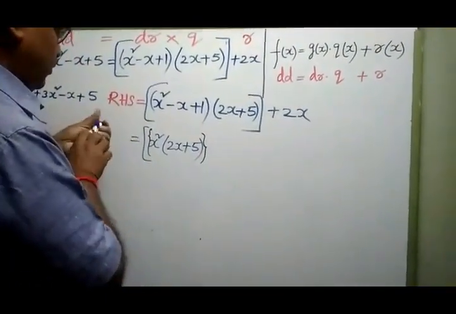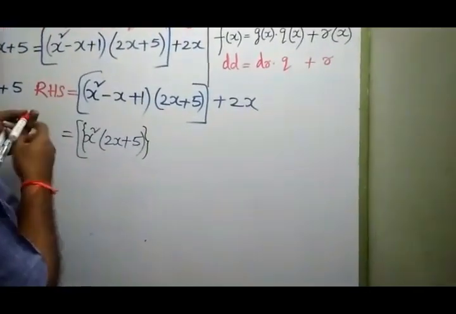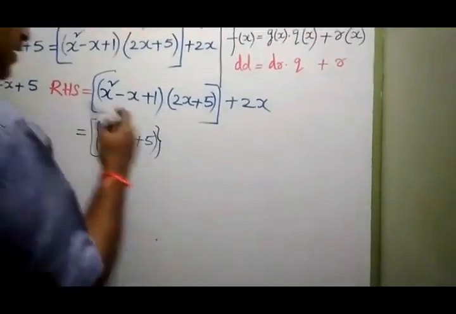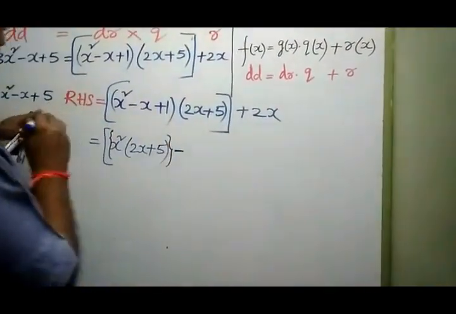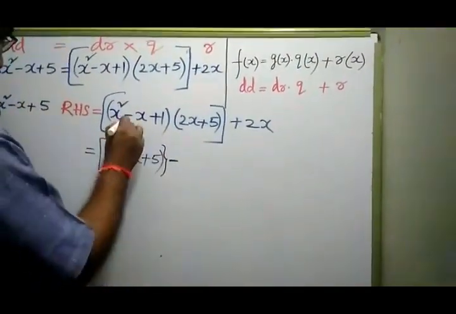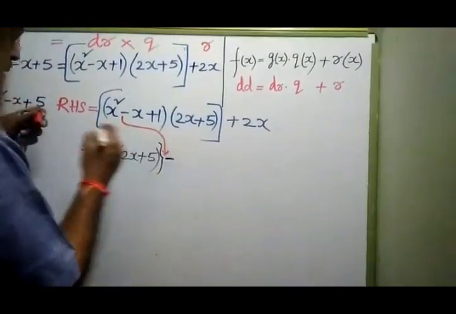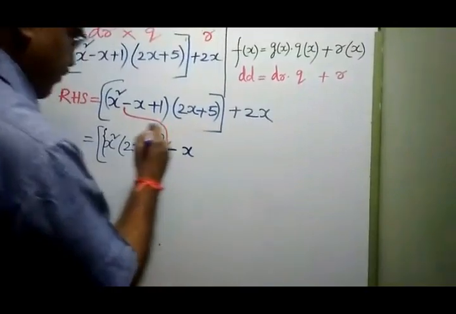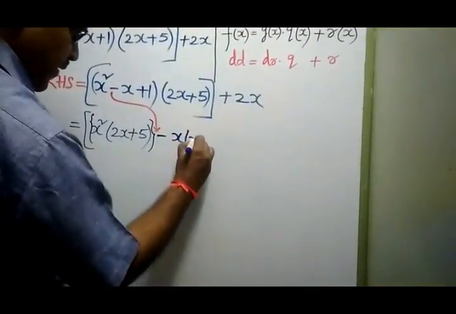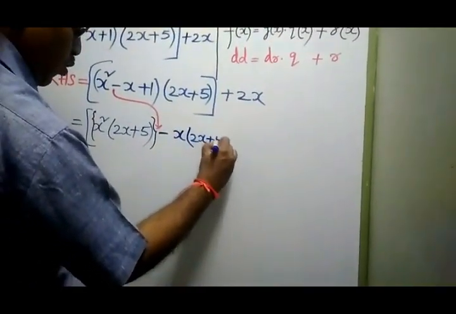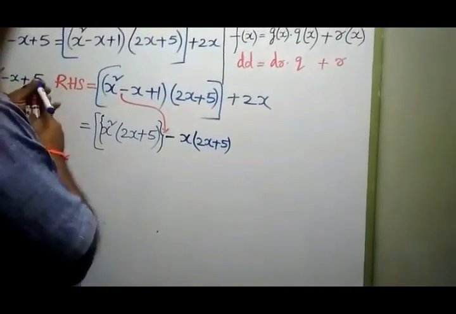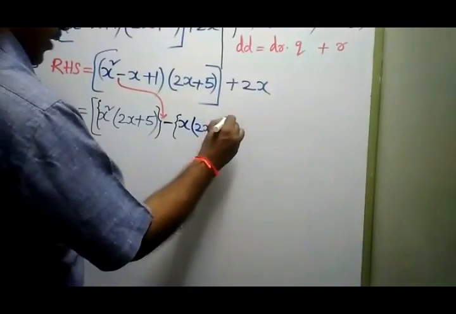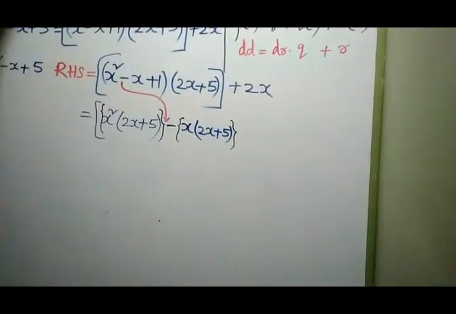Minus, this minus will come here, minus x of 2x plus 5. For this also I am keeping curly brackets, but because minus is there, it is very dangerous, x into x.